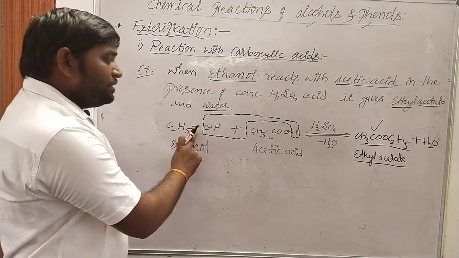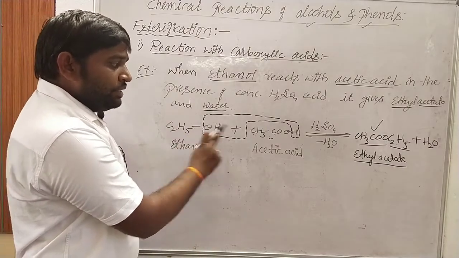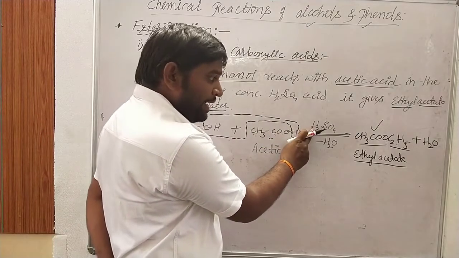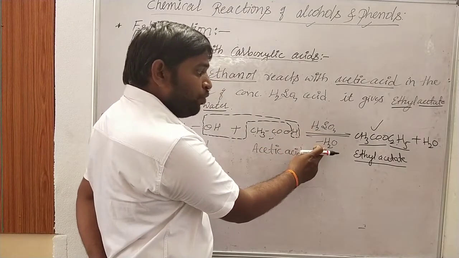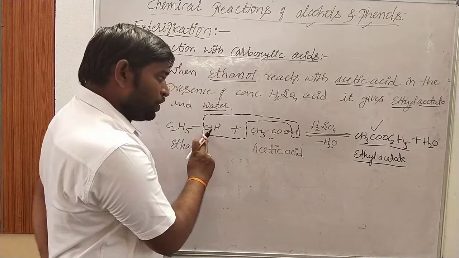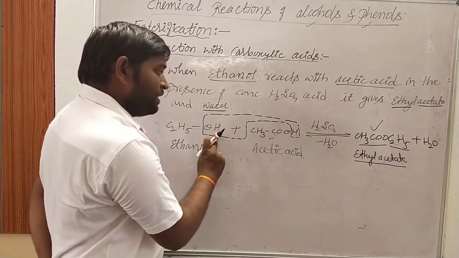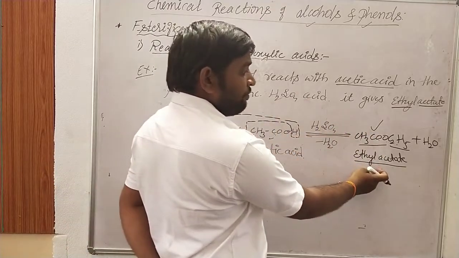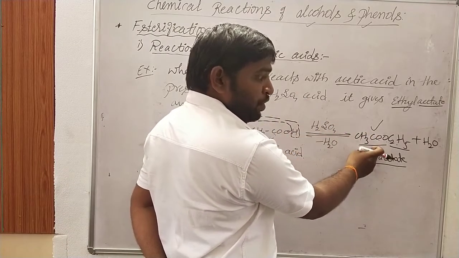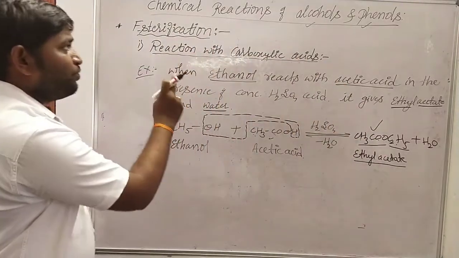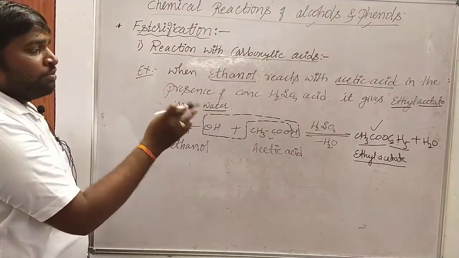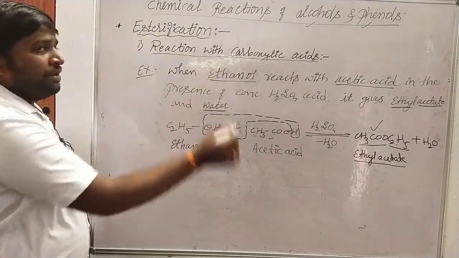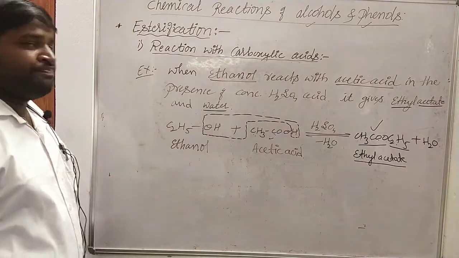When alcohols react with acetic acid in the presence of sulfuric acid, which acts as a dehydrating agent, one water molecule is removed between the two molecules. The molecule is condensed, and with the condensation of one water molecule, ethyl acetate is formed. This is called an ester. That is why the process of removal of one water molecule between two molecules with the formation of ester molecules is called the esterification process.